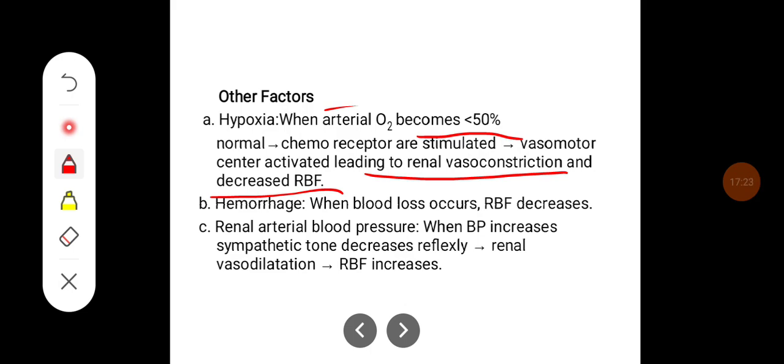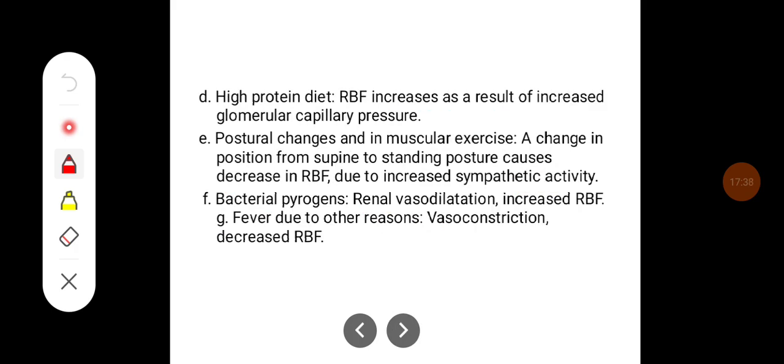Hemorrhage: when blood loss occurs, the renal blood flow decreases. Renal arterial blood pressure: whenever blood pressure increases, sympathetic tone decreases reflexly, there is a renal vasodilatation. A high protein diet can increase the renal blood flow as a result of increased glomerular capillary pressure.